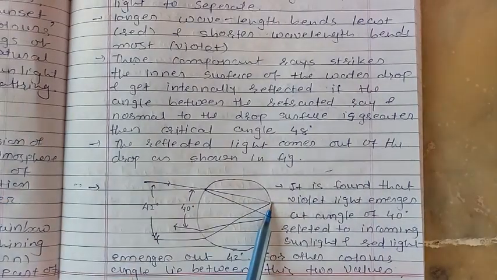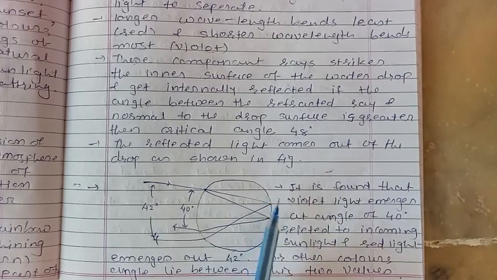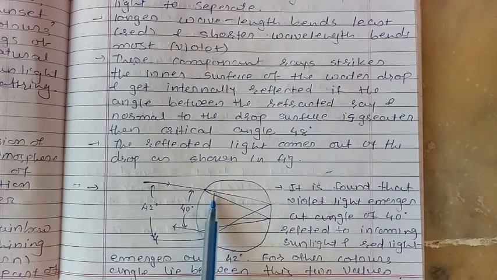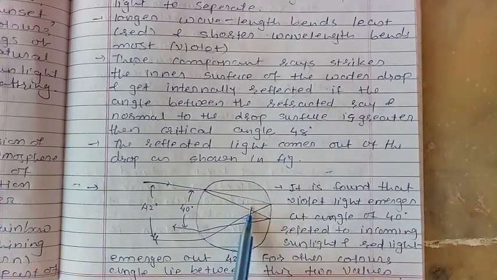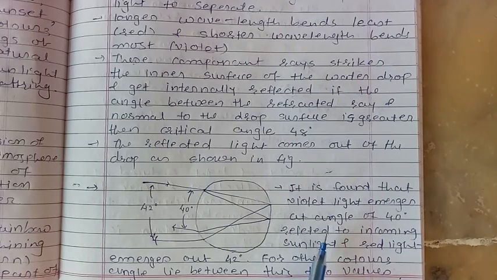Now we already know that if the angle of incidence is greater than the critical angle, then total internal reflection occurs, right? So here the angle between the refracted ray and the normal to the drop surface is greater than the critical angle.